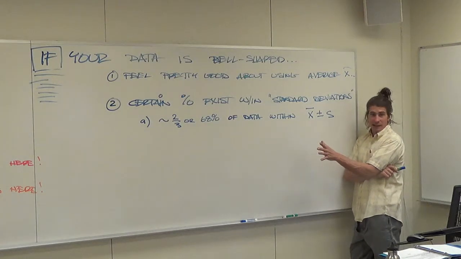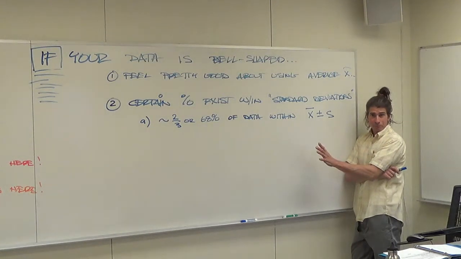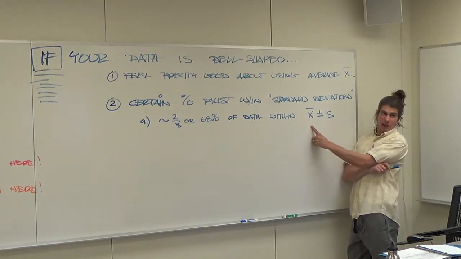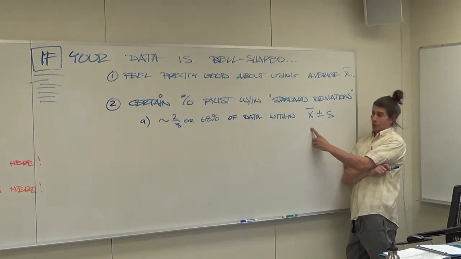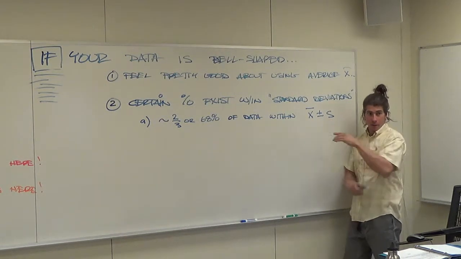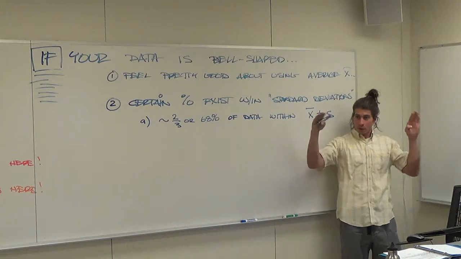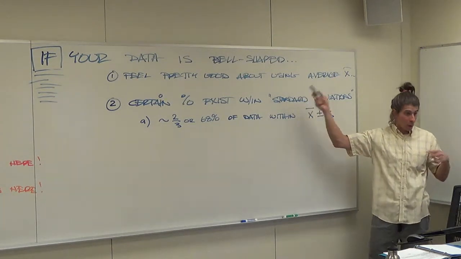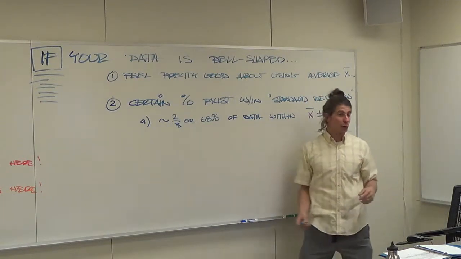Let's make sure we understand this sentence before I go any further. This is just algebra speak for 1 standard deviation from average. Take the average, add and subtract S from it. That sets up a range of values. If the data is unimodal bell-shaped, you're going to get about 2/3 of your data in there.